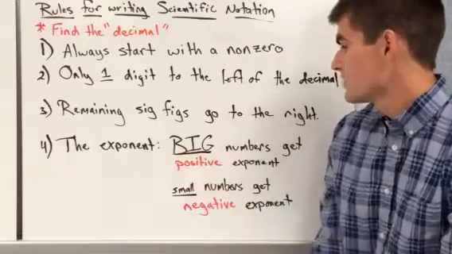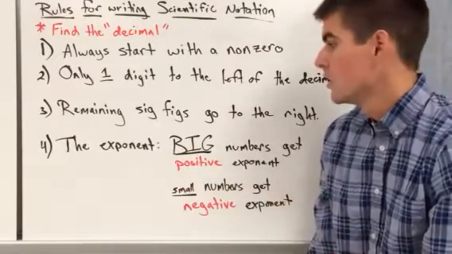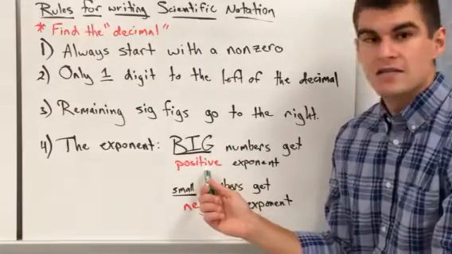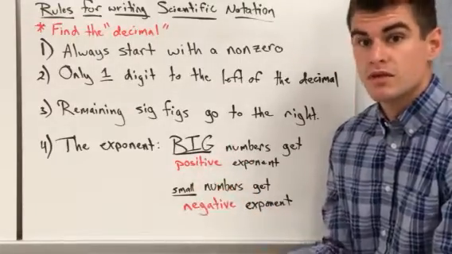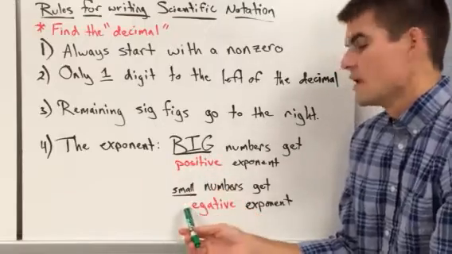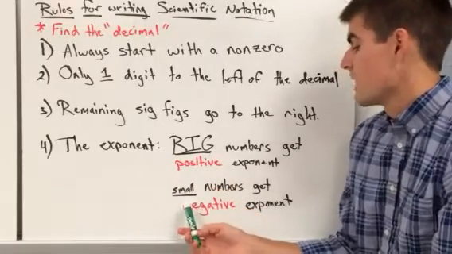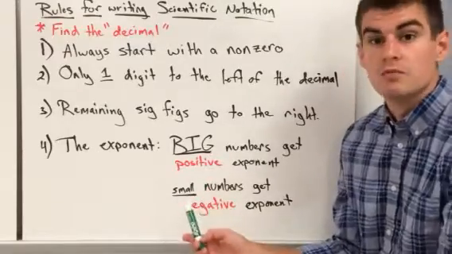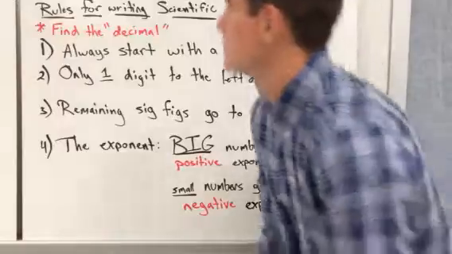The remaining sig figs go to the right if you need them. And for the exponent, big numbers get a positive exponent, so things like million, billion, trillion have positive exponents. Decimals, small numbers, get a negative exponent. Those come from which way we move the decimal, which I'll show you here.